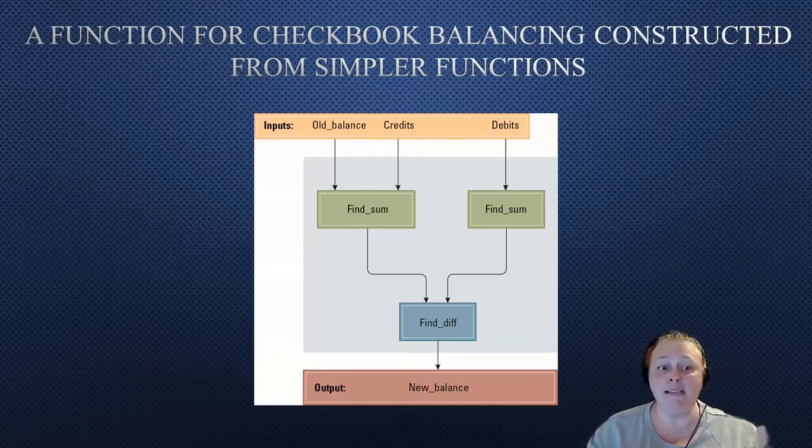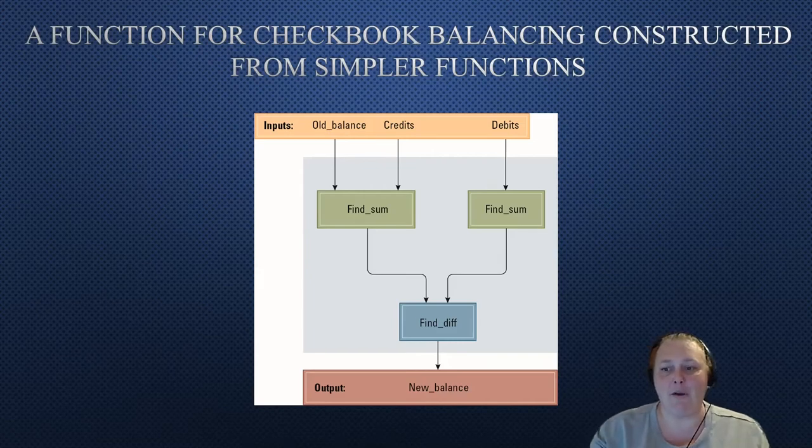You can clearly see the inputs and the outputs in the yellow and the red, with that black box in the middle. Now, this black box happens to be a combination of three different algorithms: a find sum of two of the inputs, a find sum of the third, and then a find difference, okay?